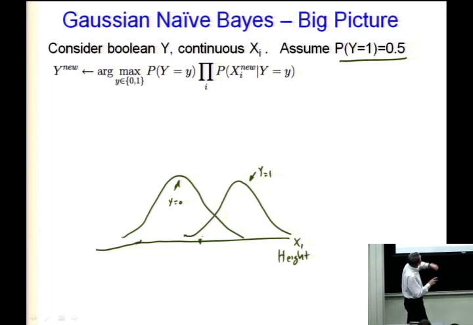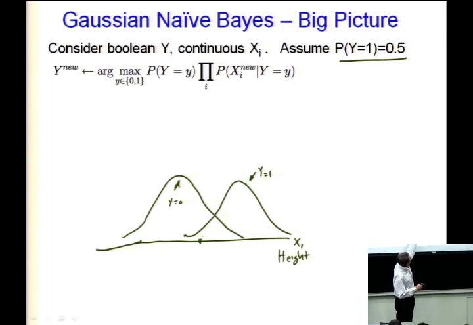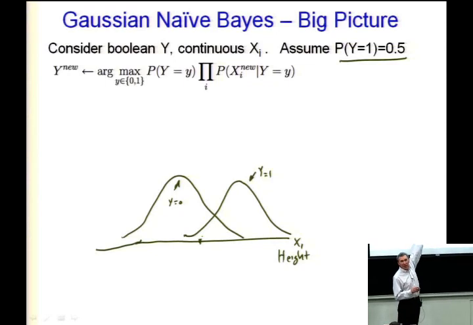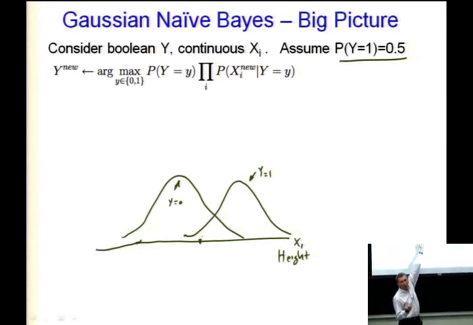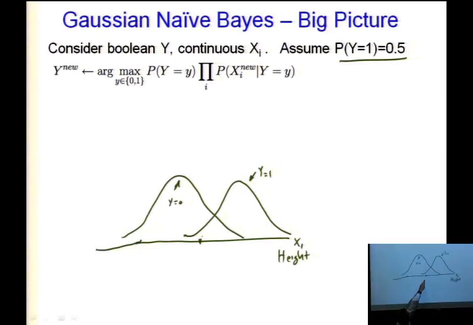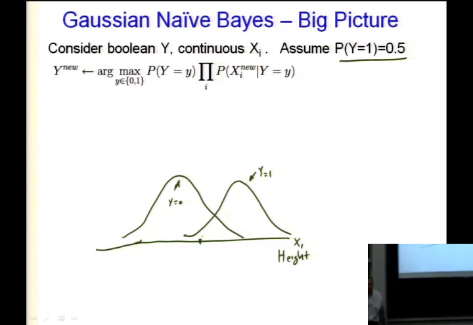For any given x, like this one, when I apply my decision rule up there, I'm just going to multiply two numbers and then compare them. I'm going to consider y equals 0 and y equals 1. And the two numbers I'm going to multiply, let's take y equals 1, is just the prior on y equals 1, which we agreed was going to be 0.5, times whatever the probability of that height given y equals 1. And then we'll compare that to the case where y equals 0.